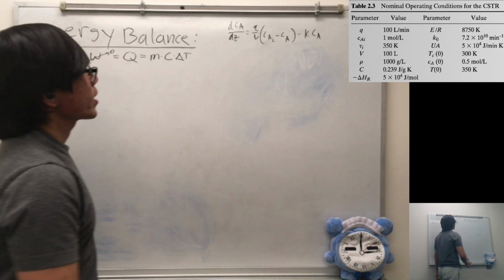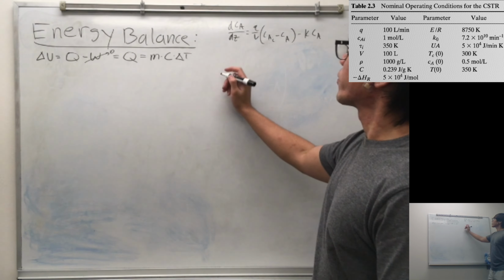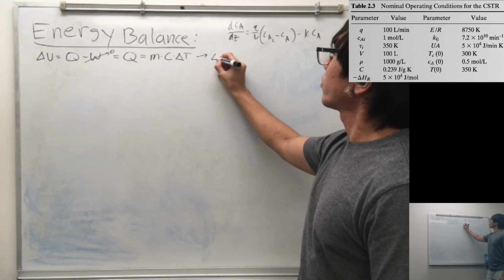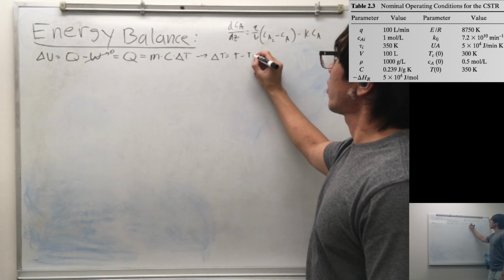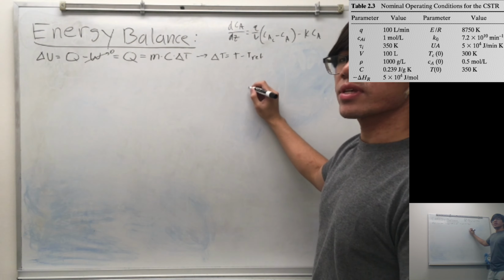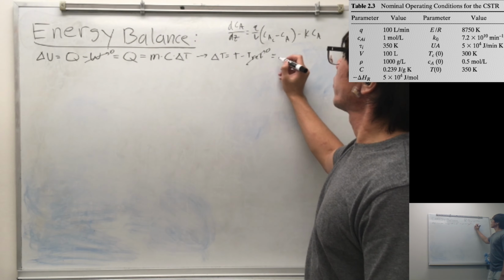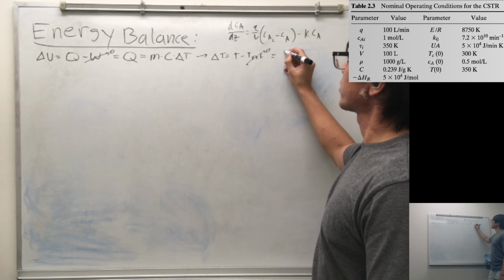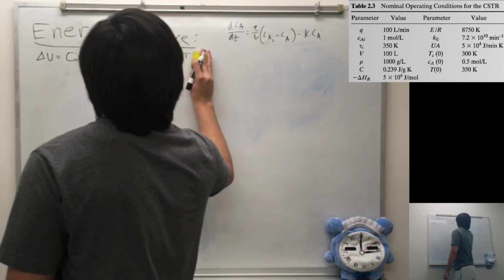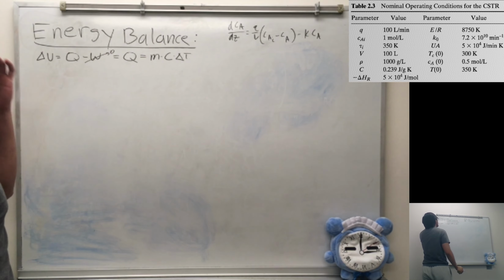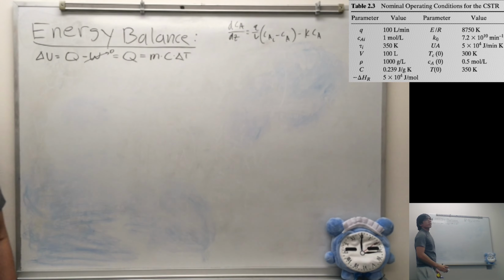If you remember going back to my previous video, we said our change in temperature is simply our temperature that we're given minus a reference temperature. And if we say that our reference temperature is 0, we can just say that our change in temperature is just the temperature itself.